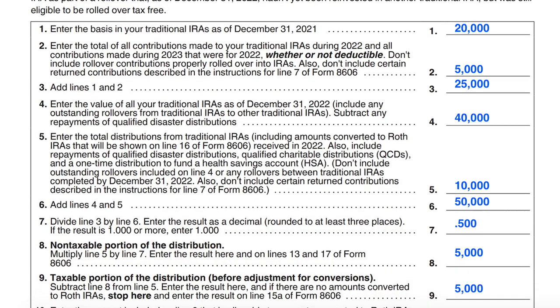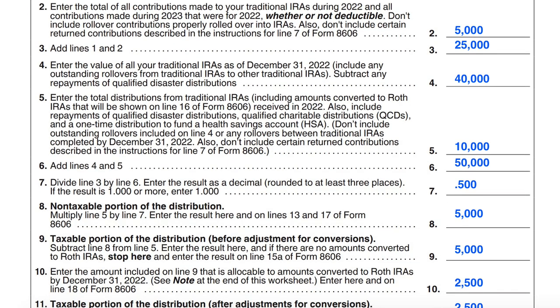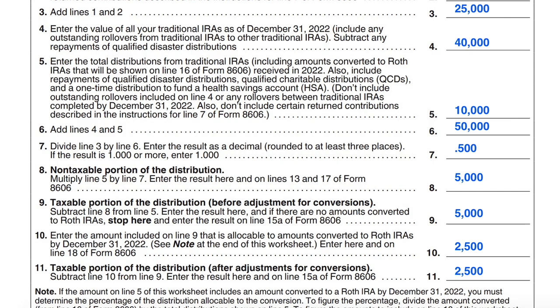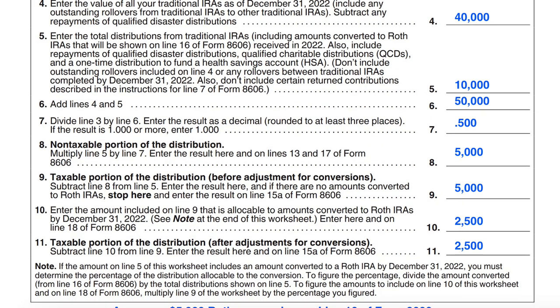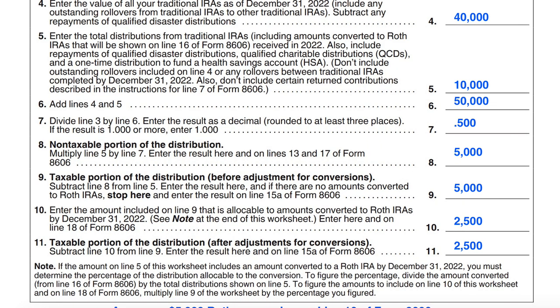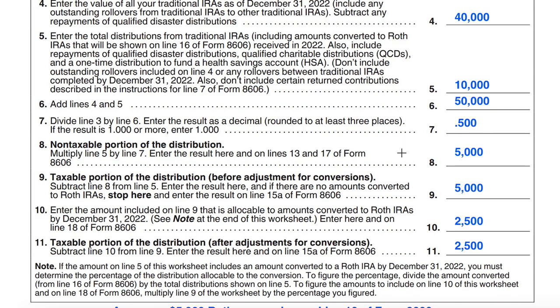Now we're going to calculate the non-taxable portion of the distribution, which is fairly straightforward. We'll take the 50% and multiply that by the line 5 amount, and we get $5,000.